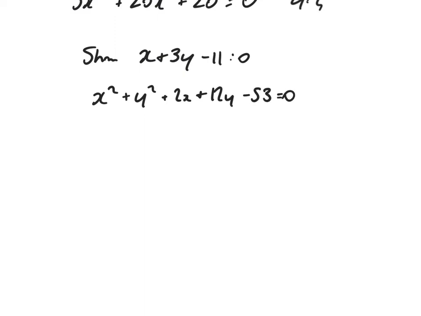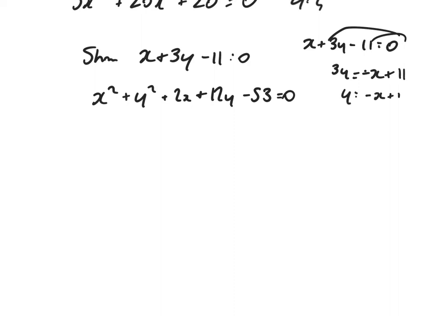So if I rearrange this equation for y, we'll get 3y equals minus x plus 11 and y equals (minus x plus 11) over 3. Now, I could proceed with that, but it would be simpler to rearrange for x. So x would be equal to minus 3y plus 11.